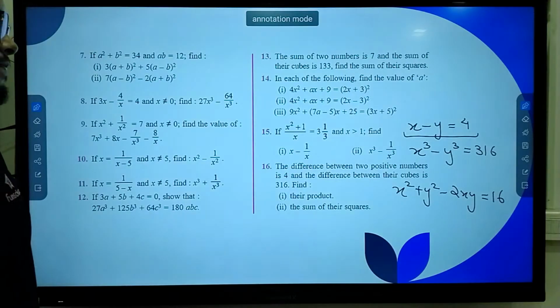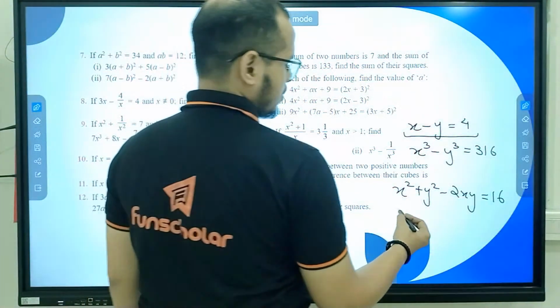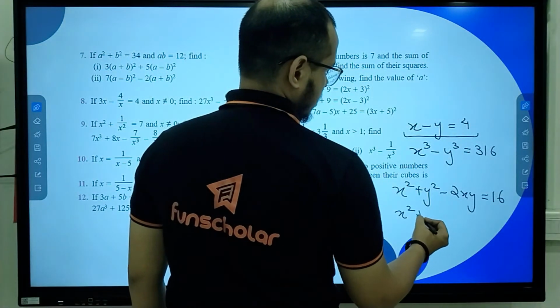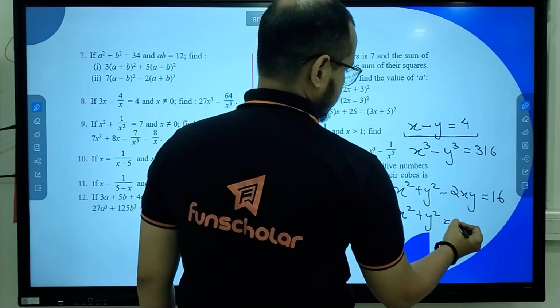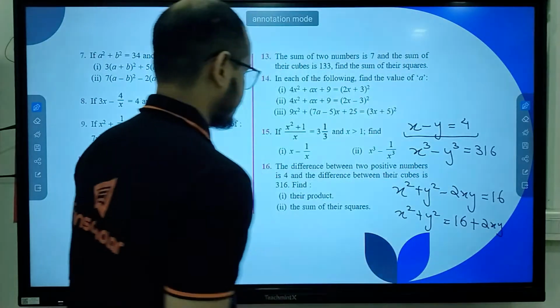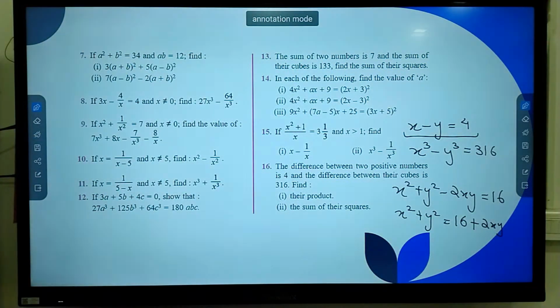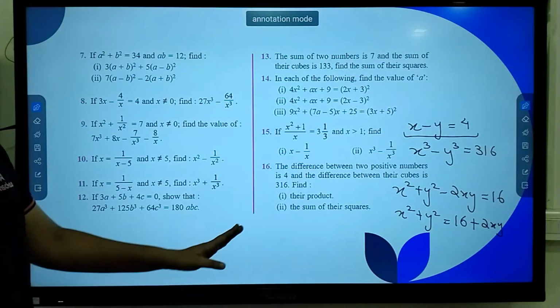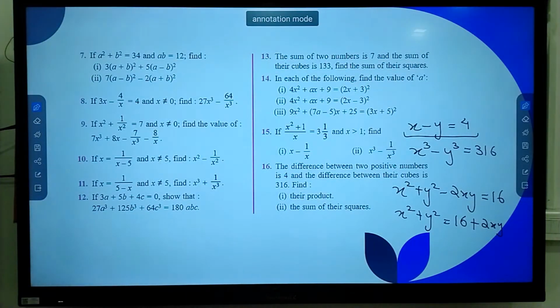Okay guys, now from here x² + y² is equal to 16 plus 2xy. So we have got a value for x² + y².